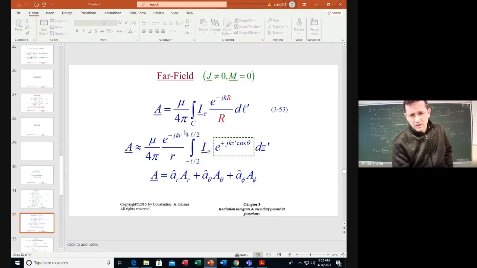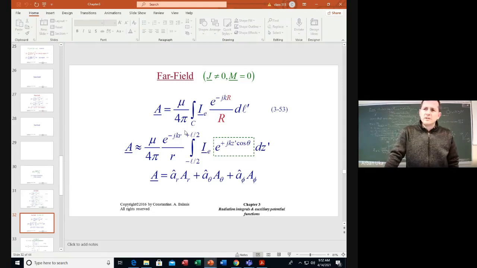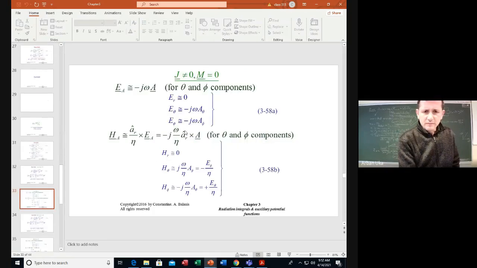So that's also one reason why we like to use these components, because whichever way we are getting further away from the antenna, we are going to have electric field and magnetic field components which may resemble a TEM mode, a transverse electromagnetic mode.